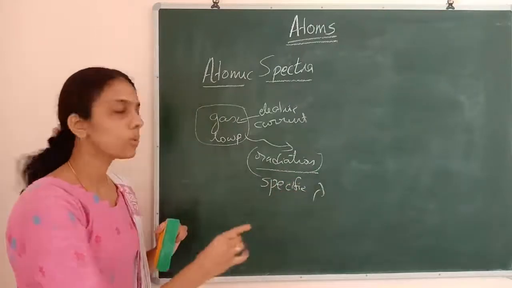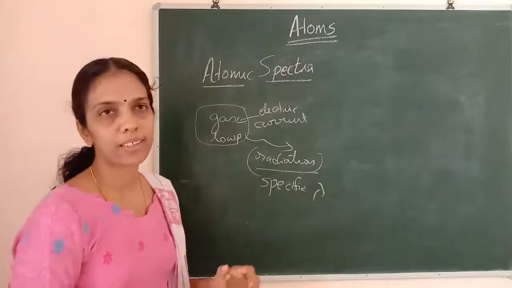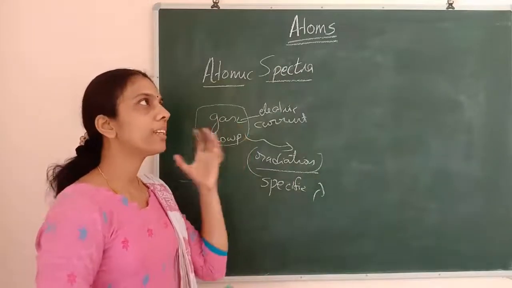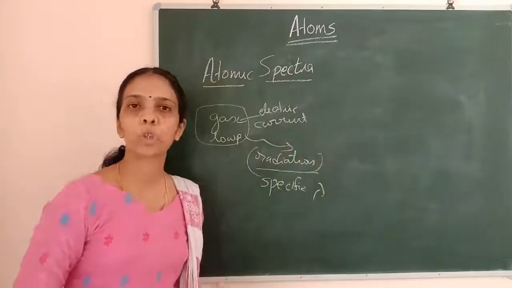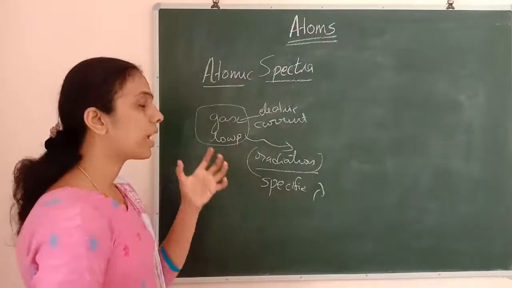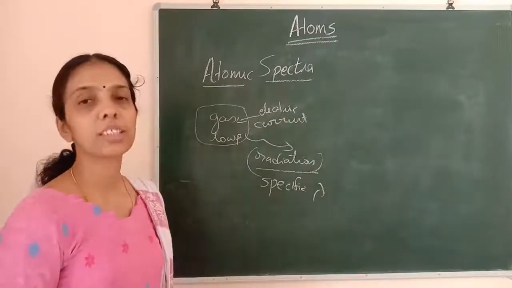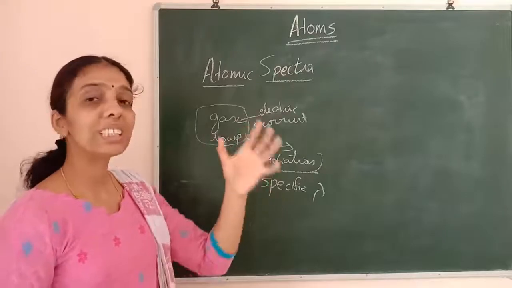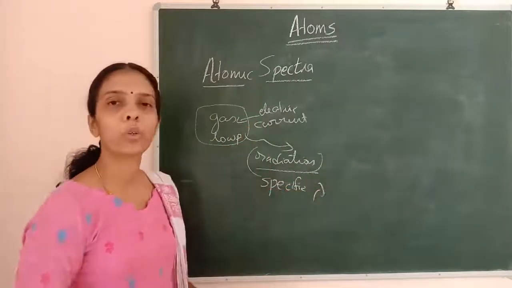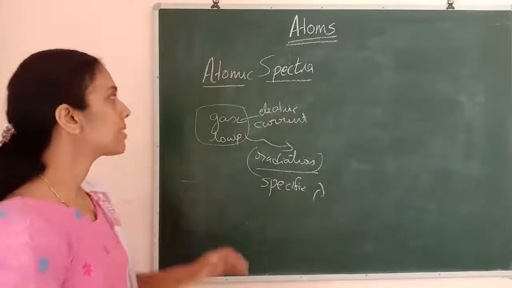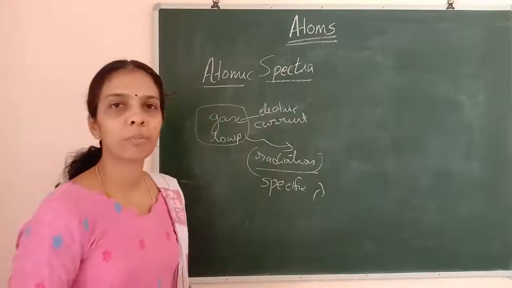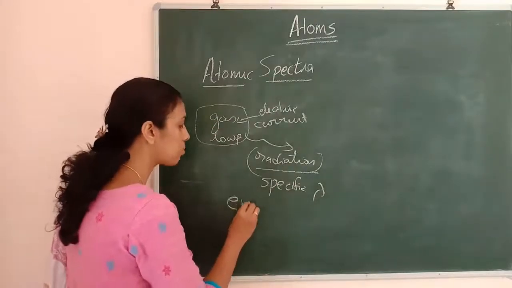If I take those radiations in a spectrometer, I get a spectrum of lines. All these wavelengths I obtain in a particular order. So that is called an atomic spectrum or emission spectrum.